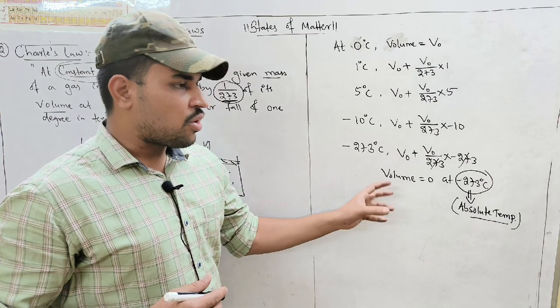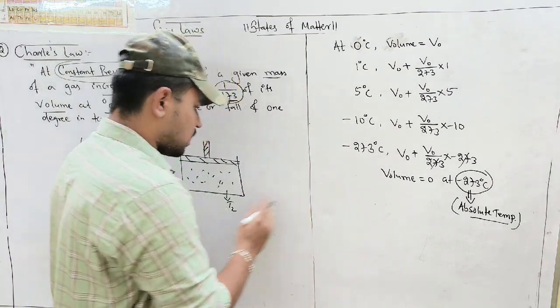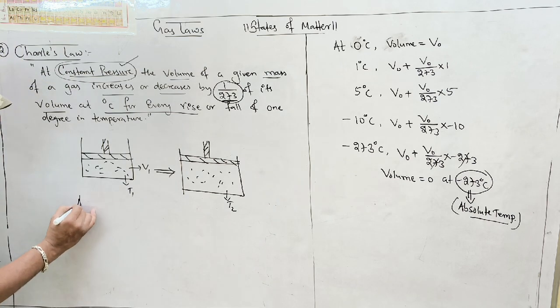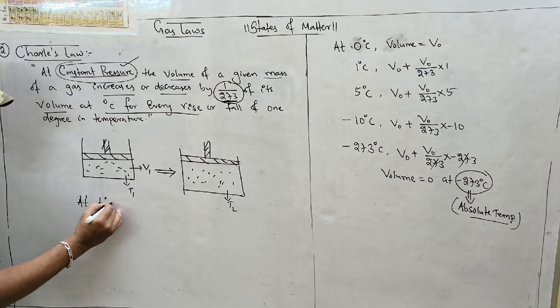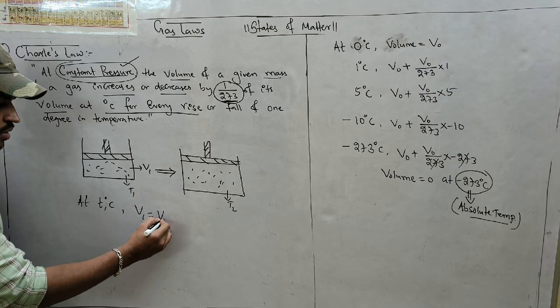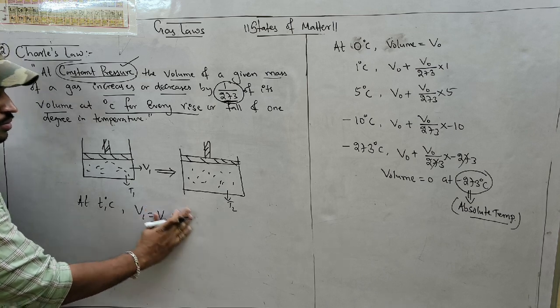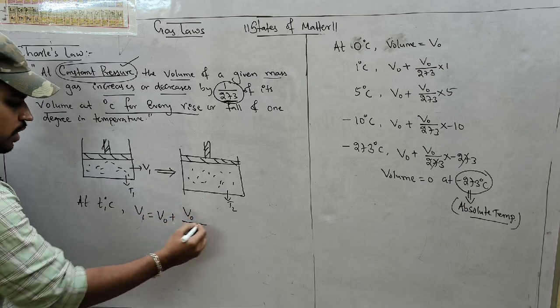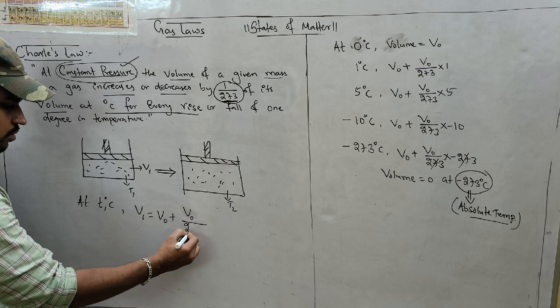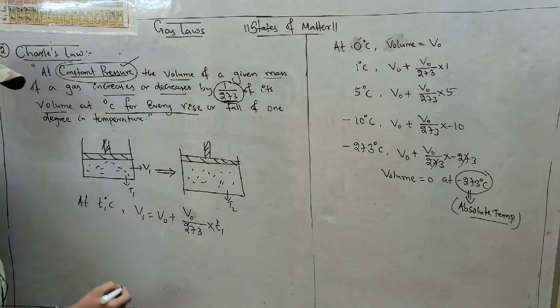Similarly, we can write it for, let's take, T1 degrees centigrade. The volume at T1 degrees centigrade, what is going to happen? V1 becomes V0 plus V0 by 273 into T1.